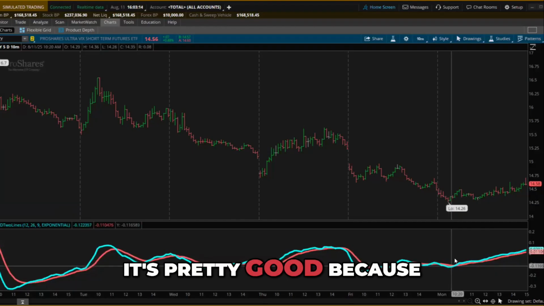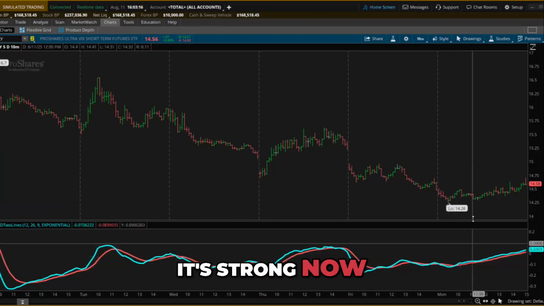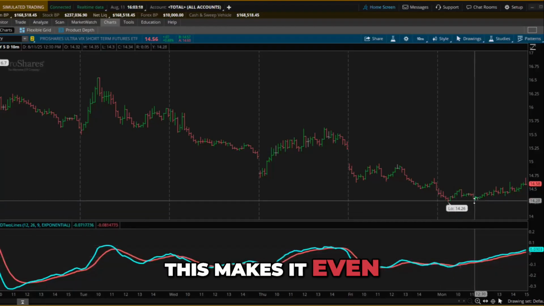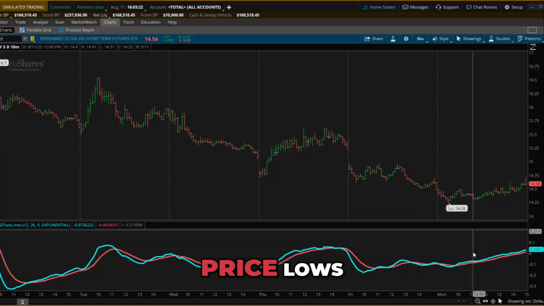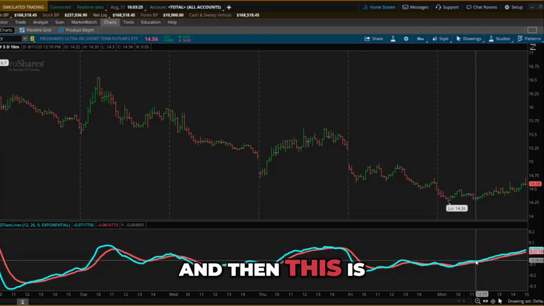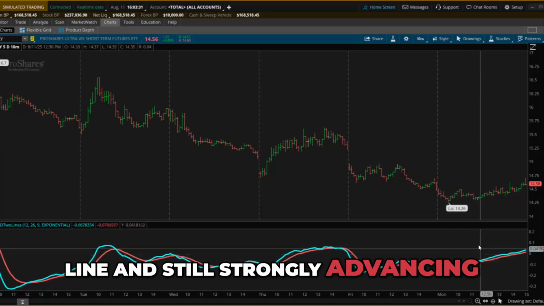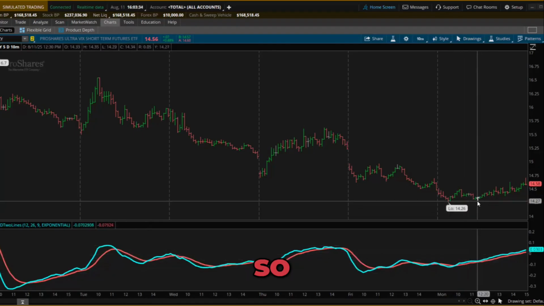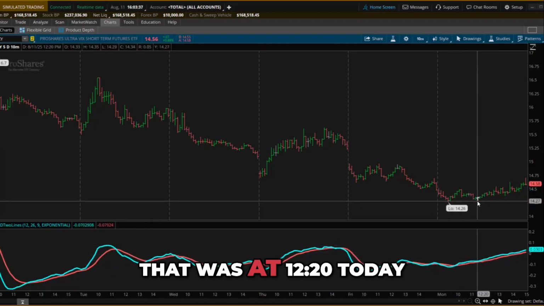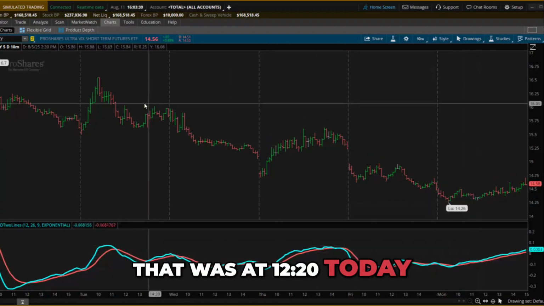I mean, it's pretty good because it's strong, but this makes it even better when you have a retest of the price lows, and then this is more decisive. It's above the signal line and still strongly advancing. See what I'm saying? So that was at 20 after 12 today.